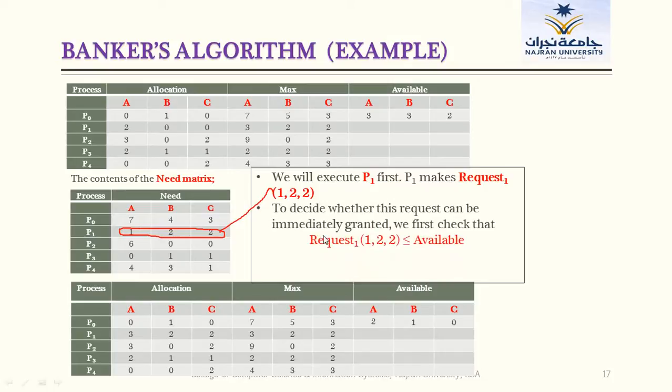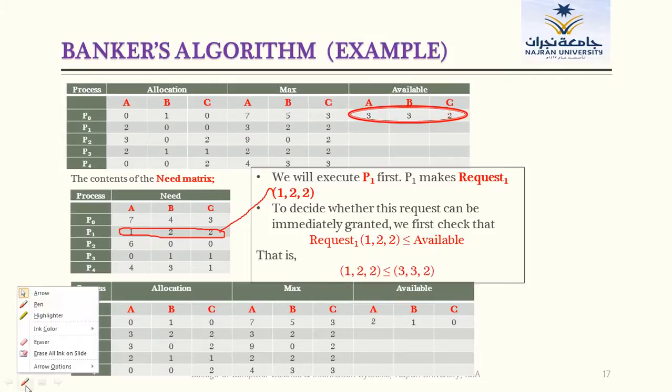So to decide that we execute this process P1, we need to check that request must be less than or equal to the available. If request is less than or equal to available, then we will execute. But if request is not less than available, then we will not execute the process, because maybe the process will go into deadlock.